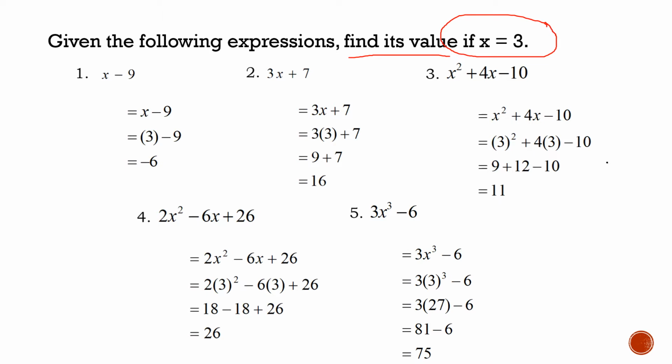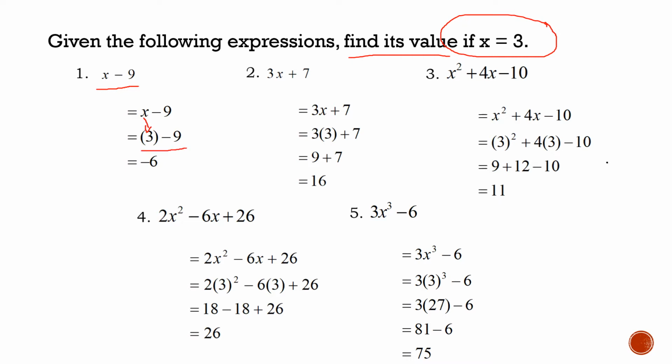first expression, which is x minus 9, we just simply replace x variable by 3, or we just simply substitute 3 as a value of x variable in our first equation. That's why it's 3 here.